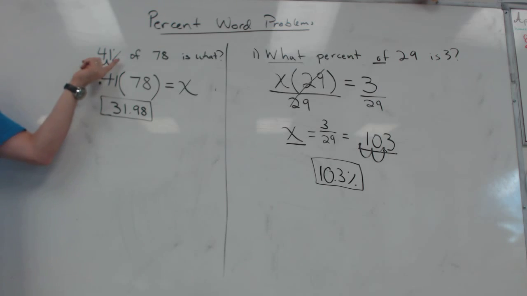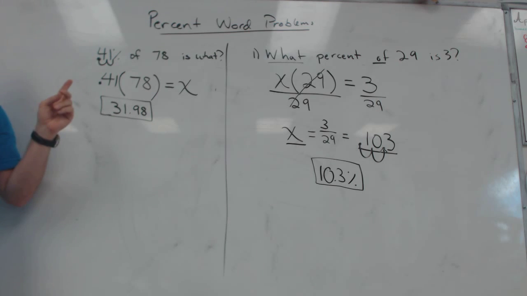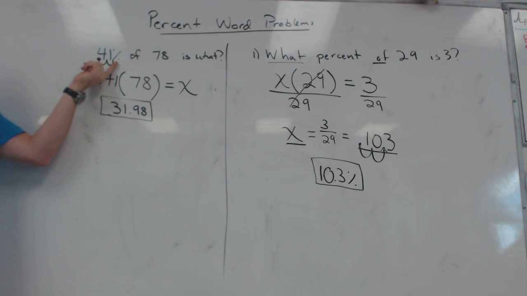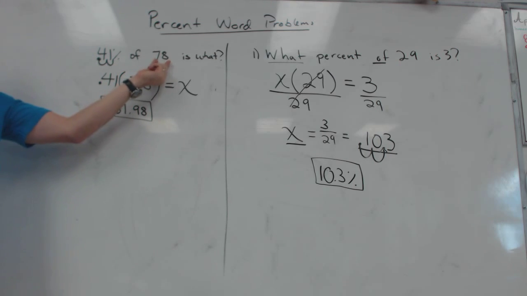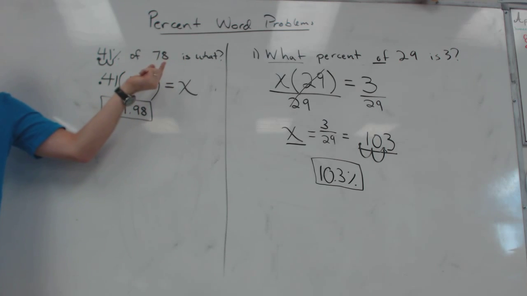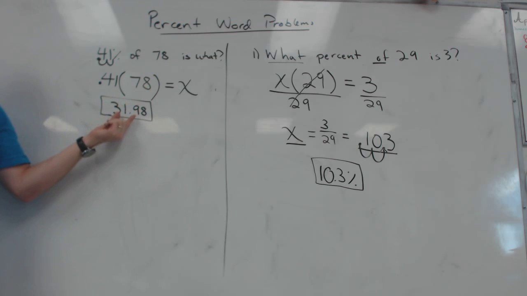In these types of problems, as kind of a hint, there's usually just going to be 1 percent. So in this case, 41%, that's the only number that's going to be in a percentage. The other two will just be regular numbers. So 78 and 31.98. And I'm done. My answer is 31.98.